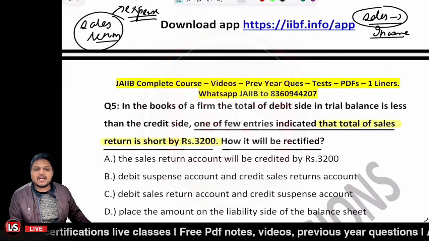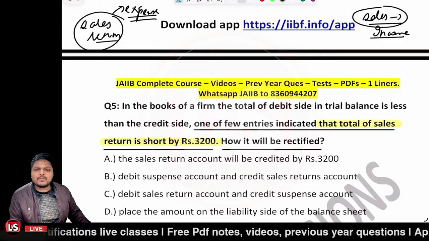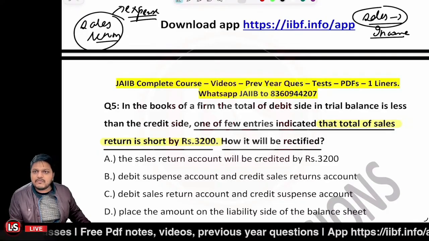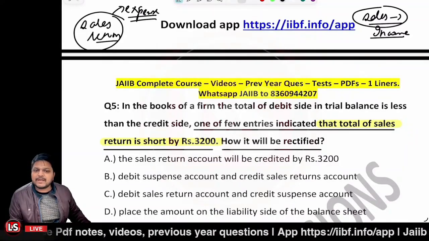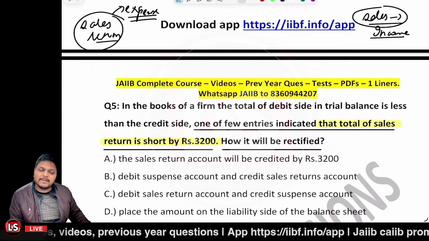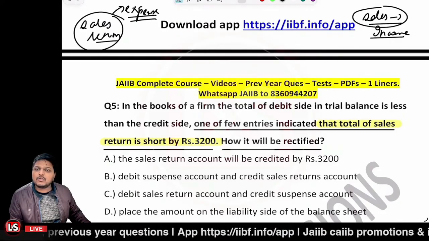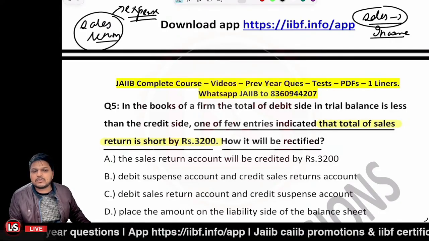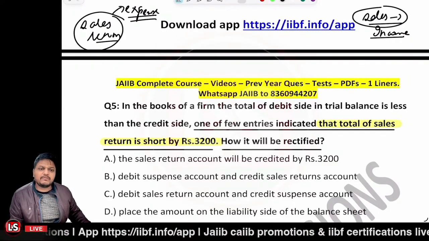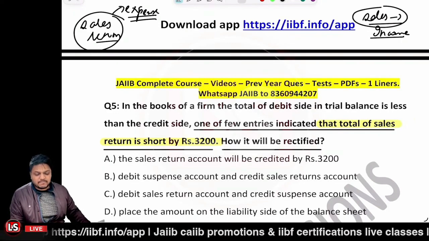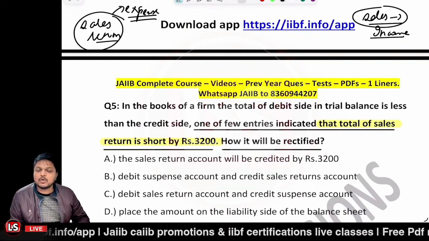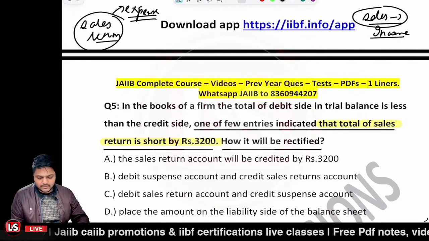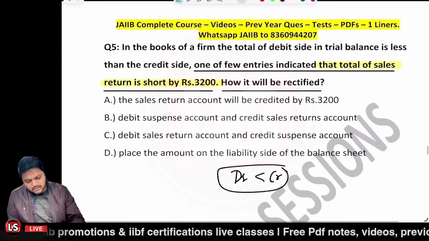And further, because we are going to prepare the trial balance, we will be crediting it to the suspense account till we get to know to which particular account it is to be credited. So it will be the solution.